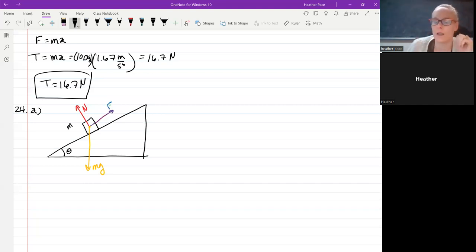So there are a number of ways to do this problem as far as figuring out what you want your origin to be. Anytime you have a problem, unless the problem specifically says here's your origin, you can choose how you want to lay your coordinate system. And of course, we always want to pick the easiest.